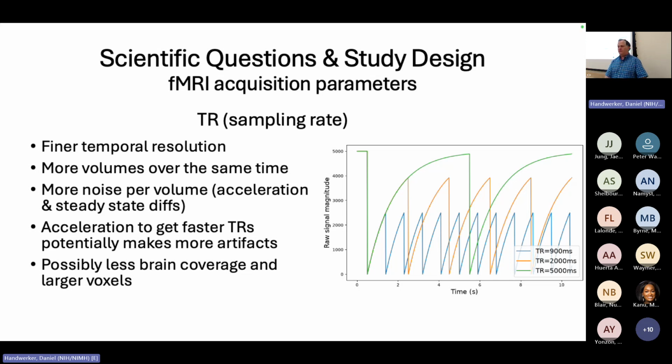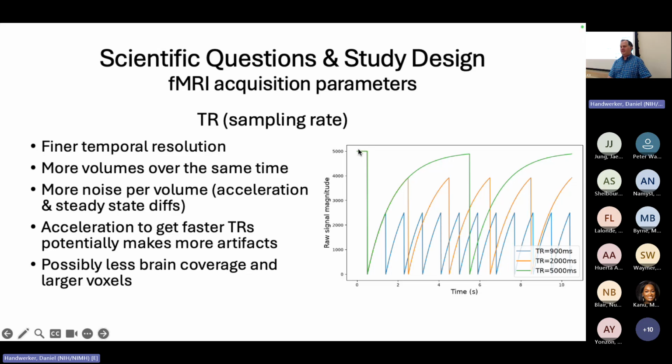So this is a visualization of what I mean by steady state. In the other lecture, we talked about exciting protons. When you excite the protons, the signal changes, and what we're measuring is essentially how much the signal changes from baseline. This is based on the T1 relaxation time.